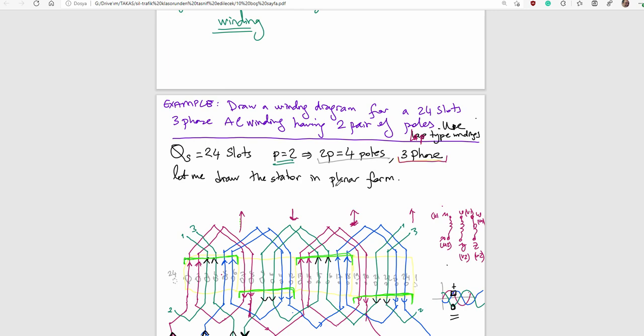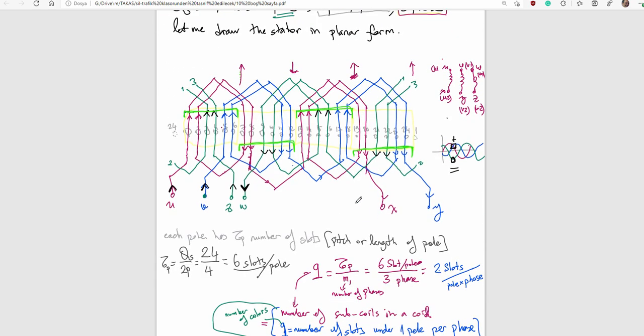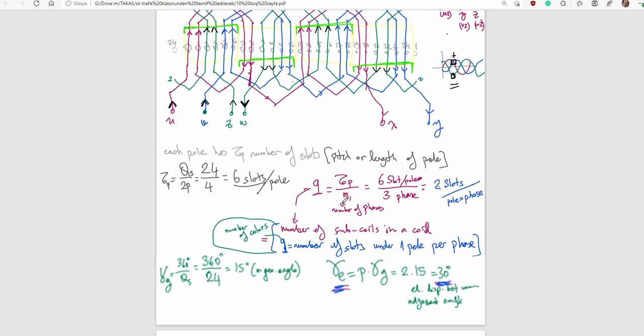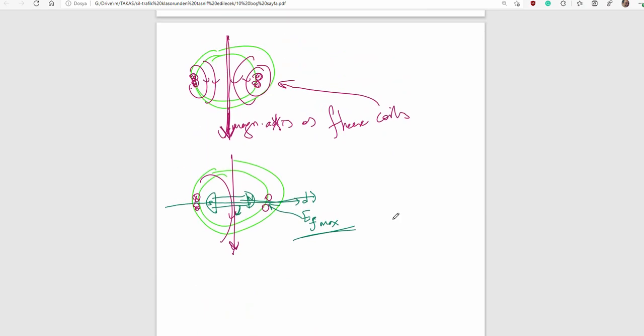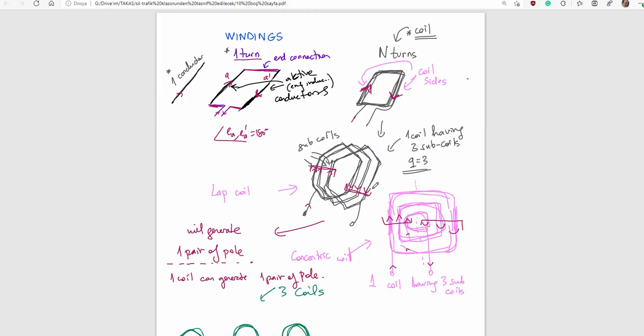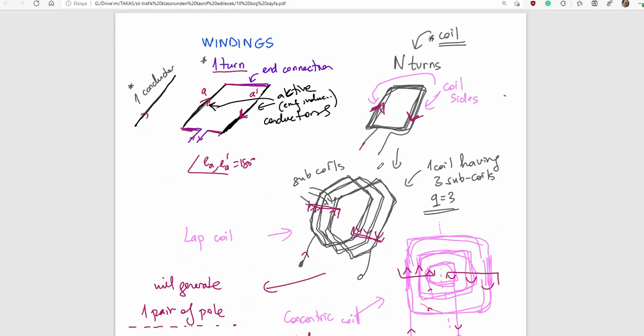I have mentioned concentric winding a little bit, but it doesn't matter. What matters is the pole construction, how they look, whether it is very difficult or not, the electrical displacements, why we use such a winding arrangement, and what the structure of a winding is.